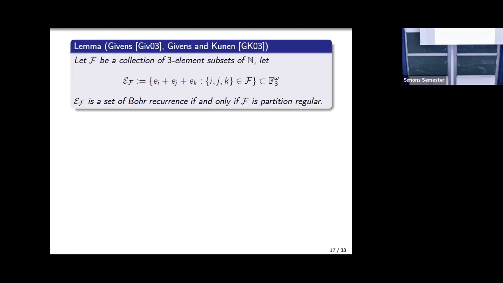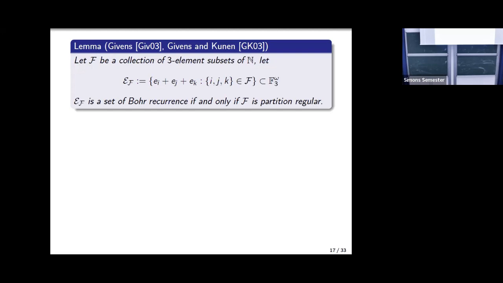If F is a collection of 3-element subsets of N, and of course these can be used to parameterize the subsets of E3, I'll just say E_F is the things you get by adding up the corresponding basis vectors from indices in the elements of the collection. This is a set of Bohr recurrence in F3 omega if and only if the collection F is partition regular.